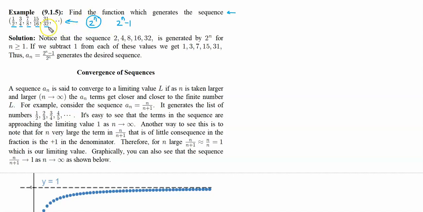And so therefore we have our a sub n function, so we conclude that a sub n is going to be 2 to the n minus 1 over 2 to the nth power, and that's for n bigger than or equal to 1. And so you see, if we put in values like 1, 2, 3, 4 into this function, we will get these numbers back.